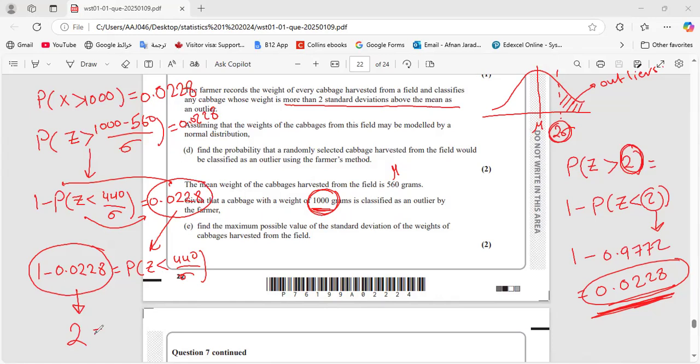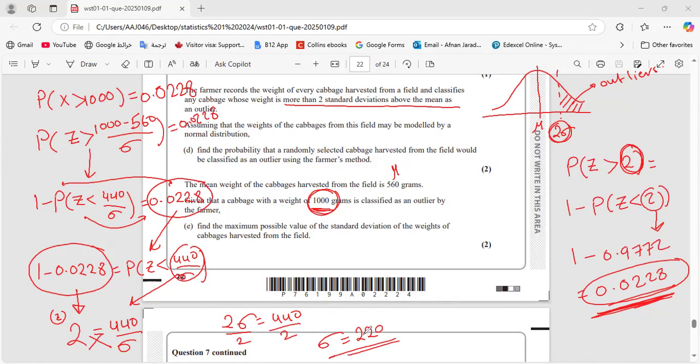Now if Z equals 2, you can take this one outside: 440 divided by sigma equals 2. Cross multiplication, so 2 sigma equals 440, and you divide by 2, so sigma equals 220.